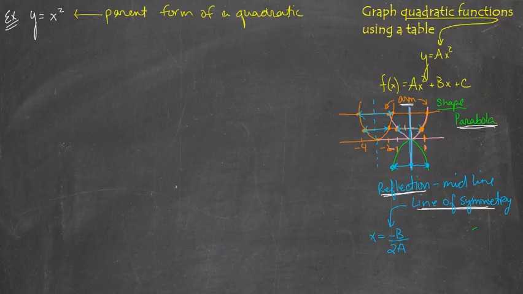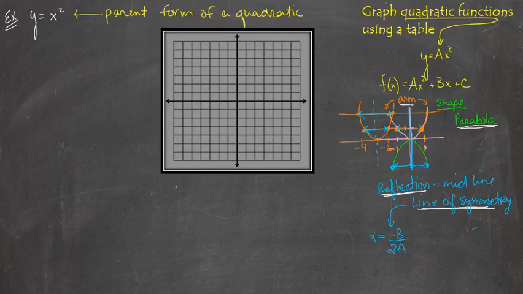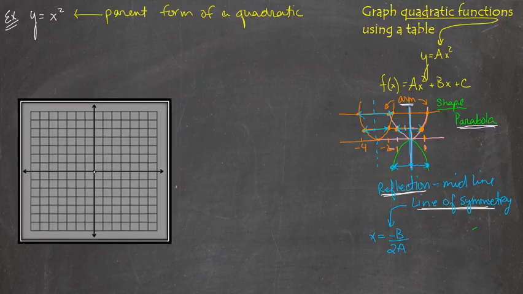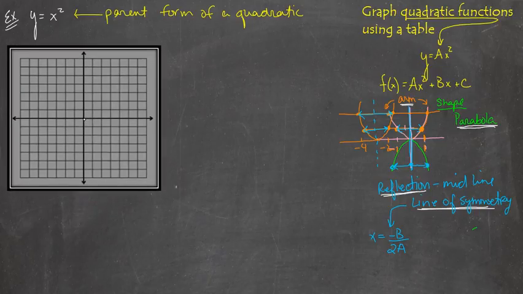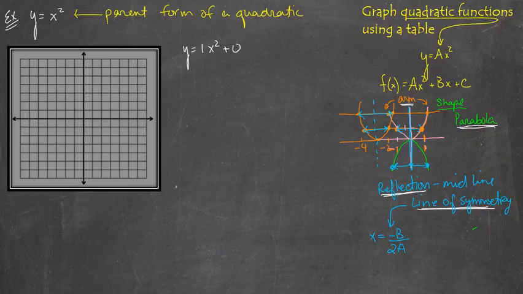Now let's graph it. We're going to graph first by using the formula for the line of symmetry. So in this case, if I wrote this out with my a's, b's, and c's, I would have y equals 1x squared plus 0x plus 0.